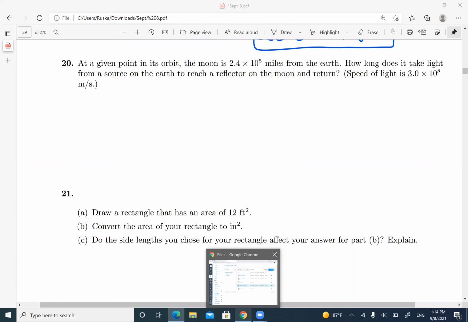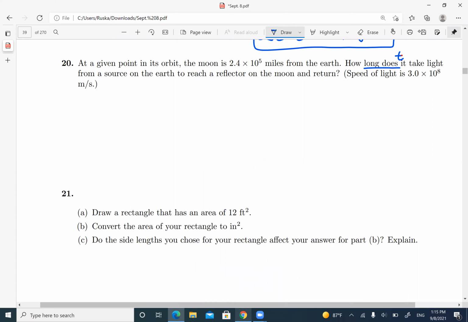So they give me the speed of the light and they're looking for the time. So how long means what is the time? So they're asking what is the time to go and return, okay?